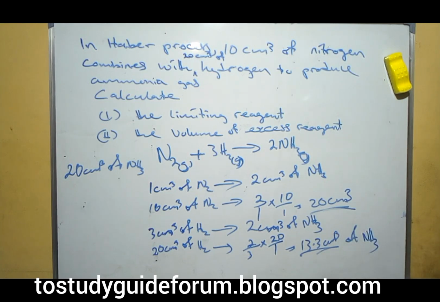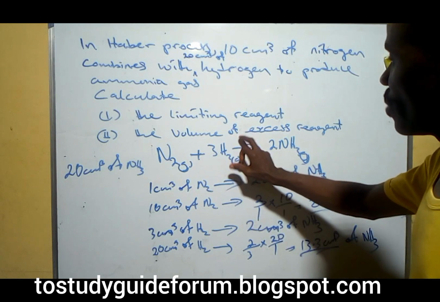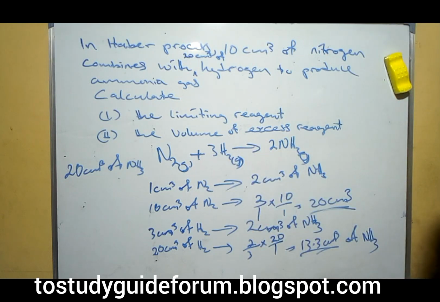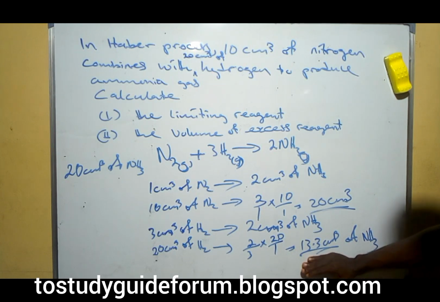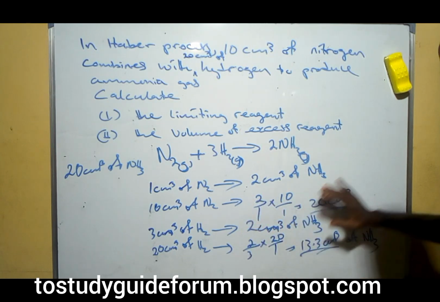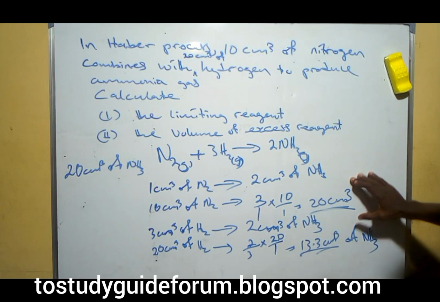The next thing we're going to find out is how to get the volume of the excess reagent. We know the volume of ammonia produced.